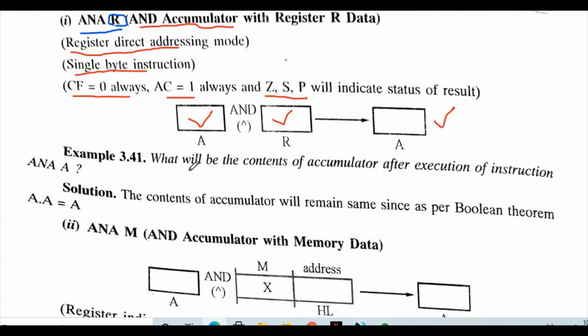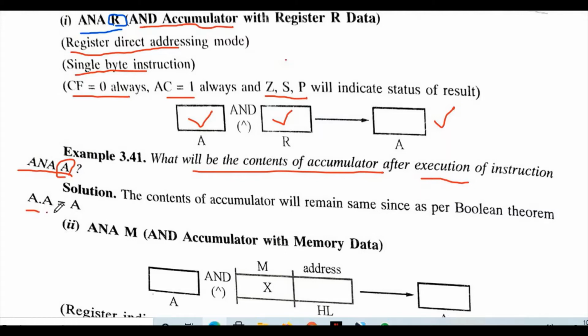Example: what will be the contents of the accumulator after execution of the instruction ANA A? So in ANA A, the microprocessor will take the first content from the accumulator. The second content will also be taken from the accumulator because A is the name of the register here, and this instruction will do ANDing between the contents of the accumulator and the accumulator.